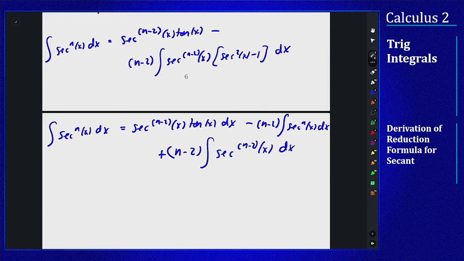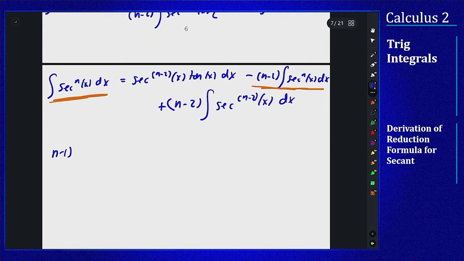And now we see something that looks a lot like other integration by parts results we had before, the fact that the term on the left and this term on the right are the same integral. So I can add the one from the right over to the left. I'm adding n minus 2 times it to both sides. So my result is that I end up with n minus 1 times the integral equals my remaining two terms.